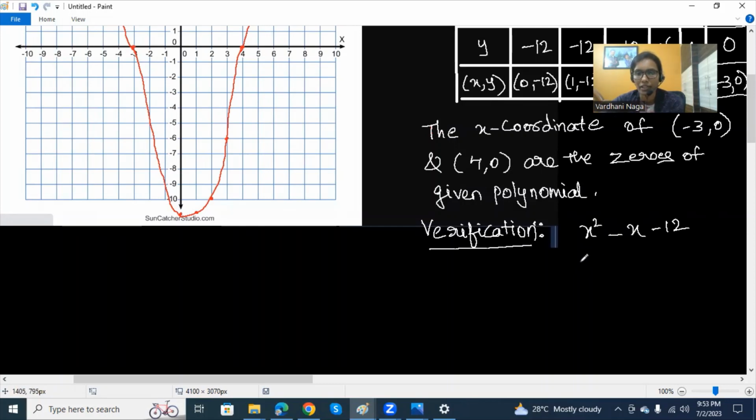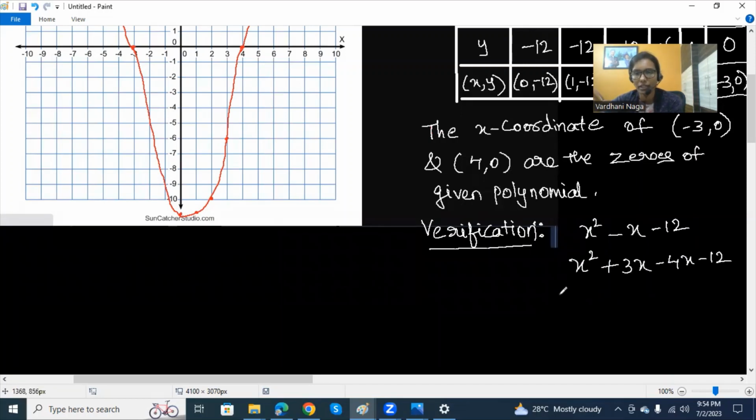So you can simply split the middle term as plus 3x minus 4x minus 12. So 3 minus 4 gives minus 1. 3 times 4 is 12, plus into minus gives minus 12. When you multiply these two factors, you should get the constant. When you add or subtract, you have to get the middle term.